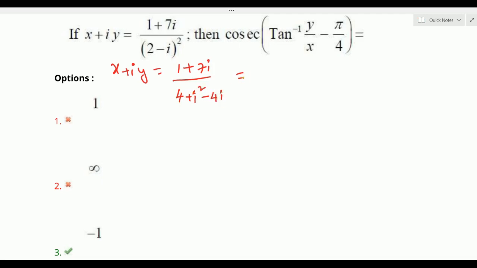Next, 1 plus 7i divided by 4 minus 1 minus 4i, which is 3 minus 4i. To find the a plus ib, the x plus iy result, the x and y values, you have to conjugate it.